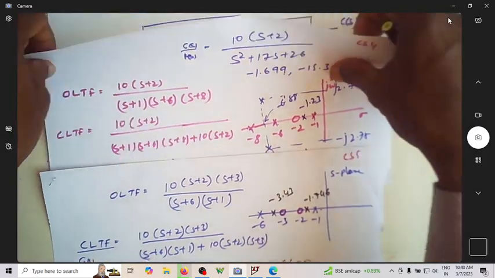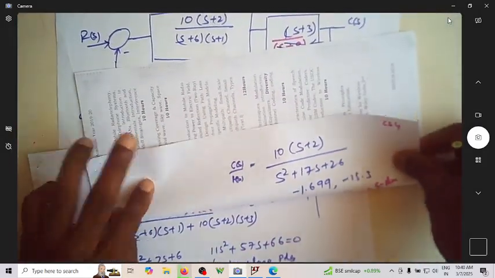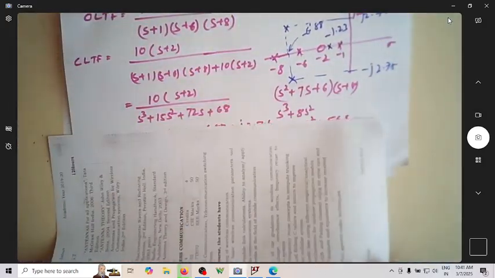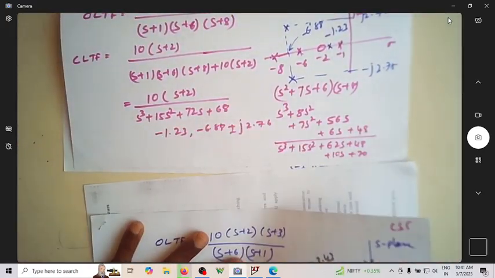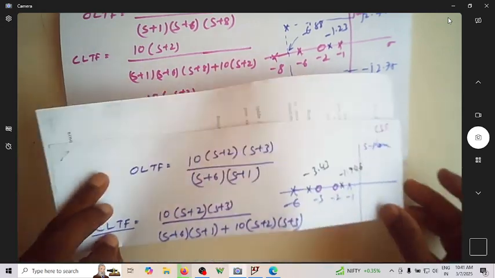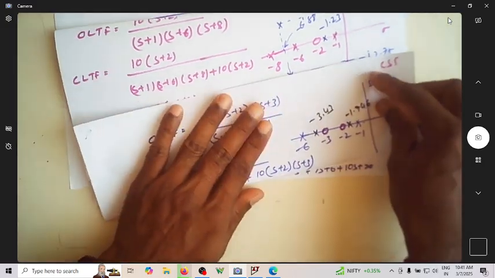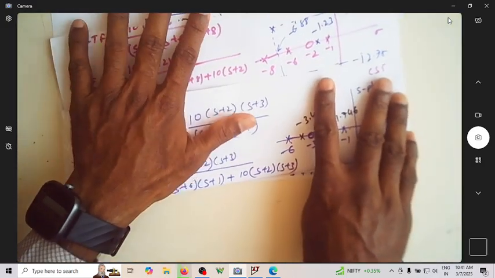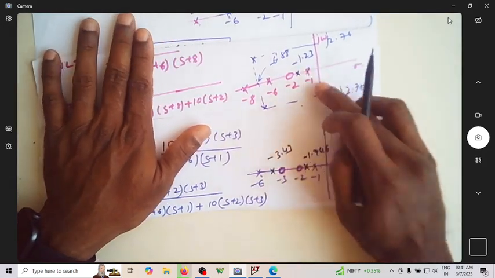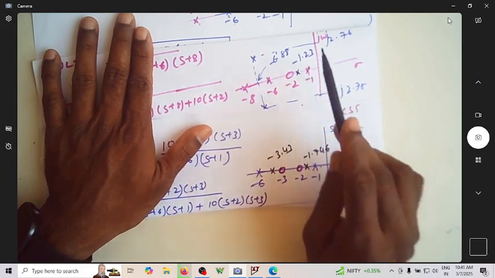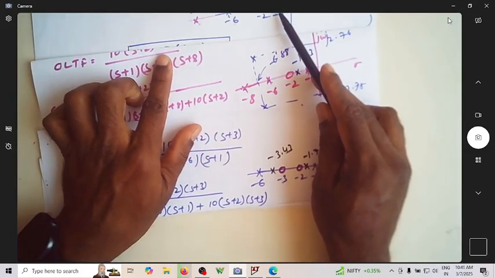Let me just hold this so that you are able to make it out. This is the observation we have to make here. Just have a look at this -1. This is the open loop position.